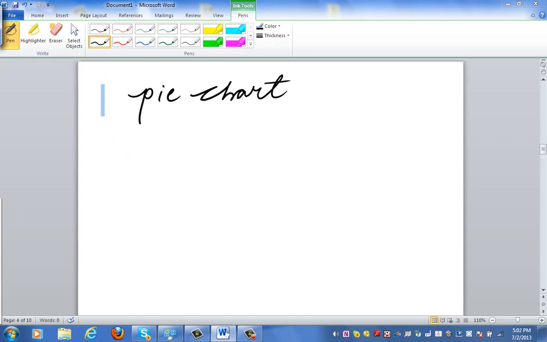Instead of using bars, we could use a disk, a disk like this, let's say, and then we could allocate area of slices of this pie according to the relative frequency of each category.